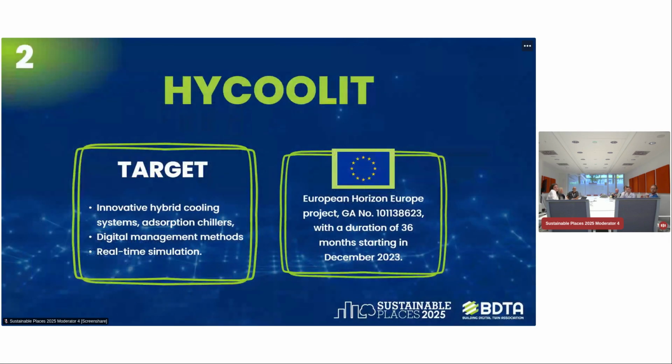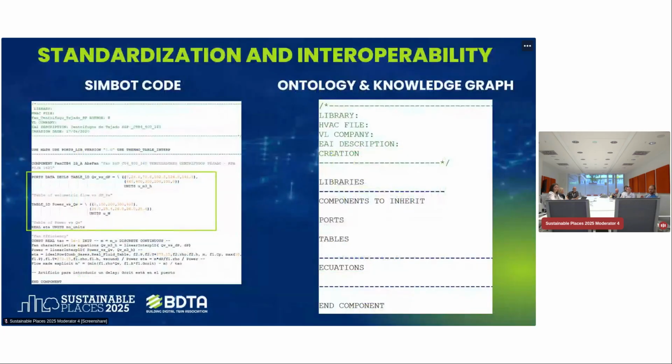And now we are talking about the Hycool-IT project. Sorry, maybe I have a question about confidentiality. This equation would be provided by the manufacturer, so in terms of confidentiality, we are not supposed to see these equations, right? I'm not sure I understood the whole concept of developing a code.